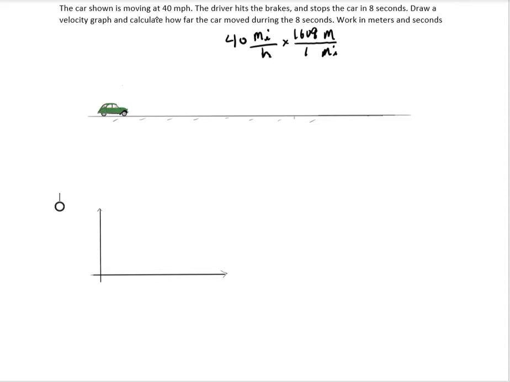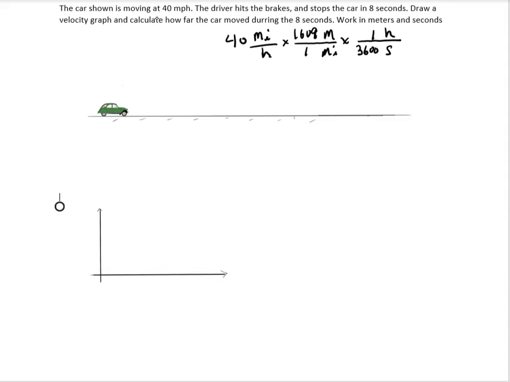If we multiply this out, you'll notice that the miles reduce and leave us with meters per hour. Well, we want meters per second, so we're going to multiply by another conversion factor. We want to get rid of the hours, so it will have hours up top and seconds on the bottom. There are 3,600 seconds in 1 hour, and hopefully we just know that.